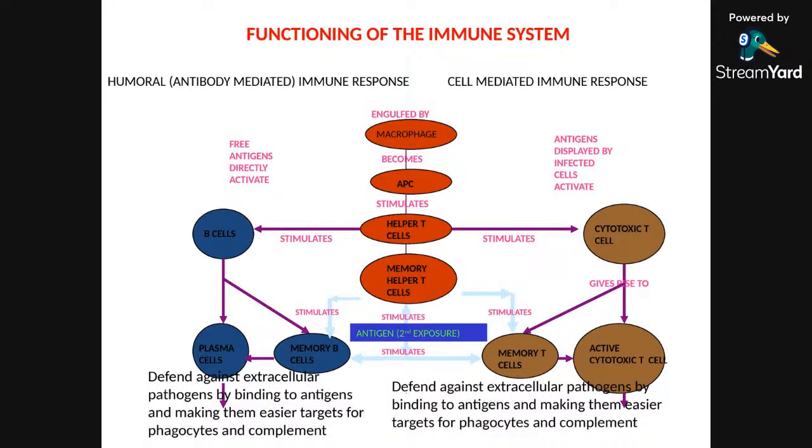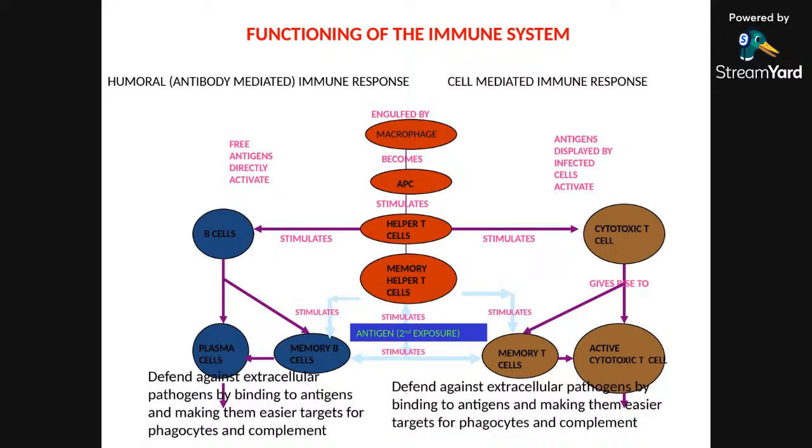When it is digested, the surface of the cells has the APC, antigen presenting cells, surface. This is recognized by B cells and also cytotoxic T cells, that is T lymphocytes, which stimulate the B cells for antibody production.